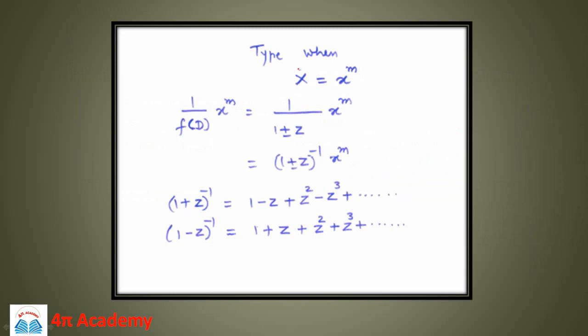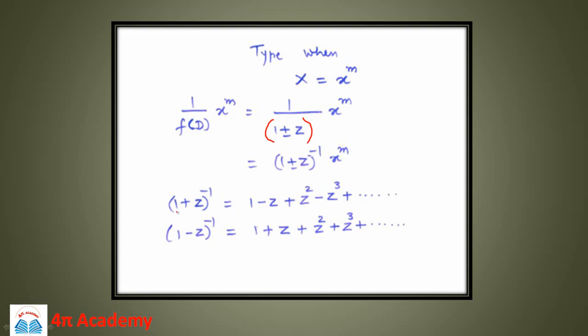Then the next type, that is when this X is of the type x raised to m. Then the particular integral, 1 upon f of d x raised to m, will be equal to 1 upon (1 plus or minus z) into x raised to m. So this will be (1 plus or minus z) raised to minus 1 into x raised to m.